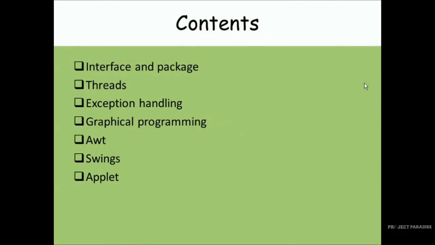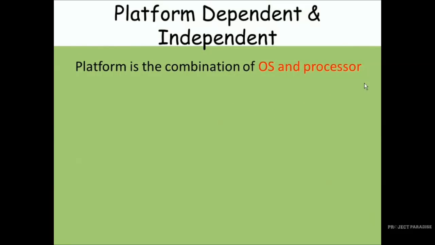Platform is nothing but a combination of operating system and processor. For example, Windows XP and i3, Windows 7 and i5.